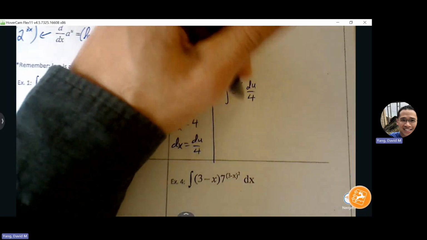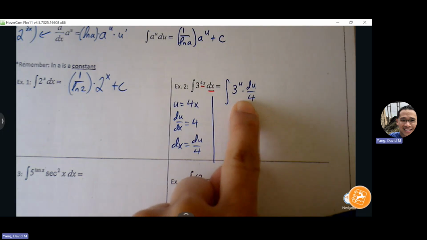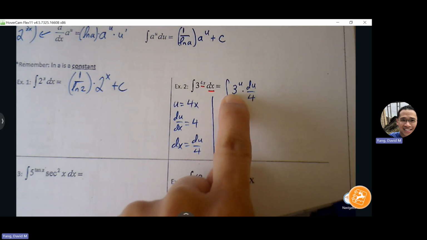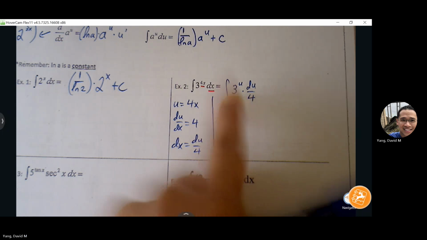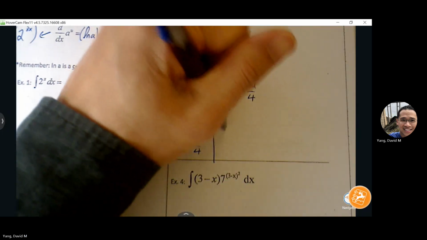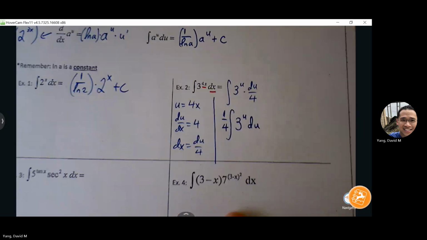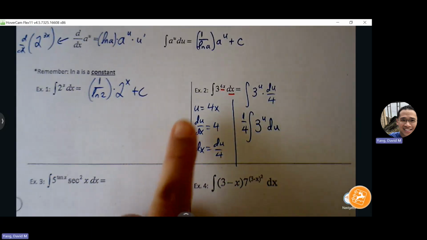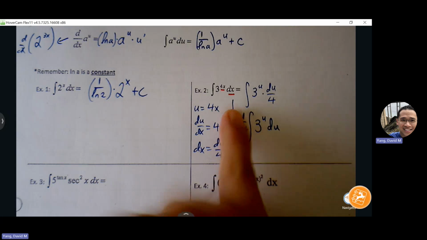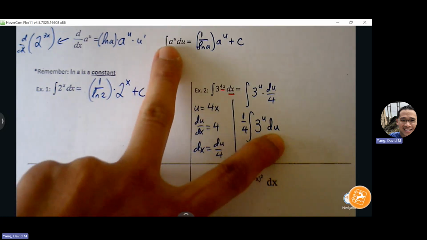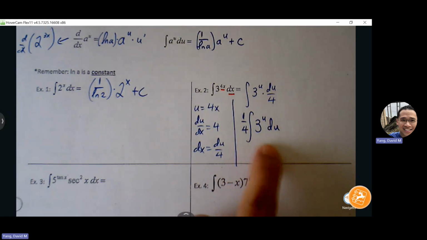So I'll make sure we understand this is a coefficient, that this is something that's part of a function. It should be a perfect match. Once you cover up that 1/4, it matches perfectly here with my a being 3.